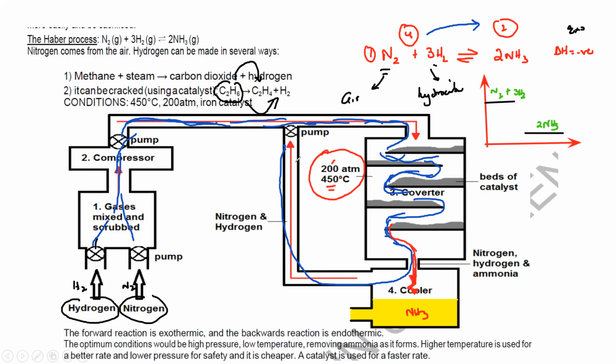Once nitrogen and hydrogen react, they form ammonia and we cool down and take out the ammonia from the bottom. The ones which do not react, we again pump into the chamber and they continue to move until the other molecules are also converted, the two elements reacting and forming ammonia again. So this is how we manufacture ammonia by Haber's process.